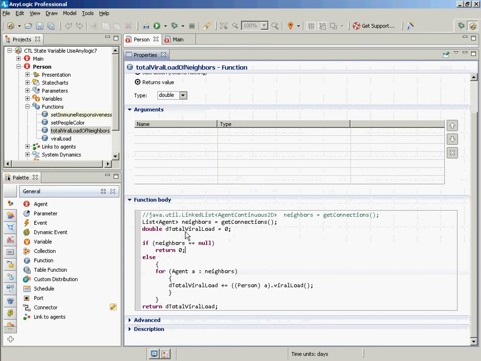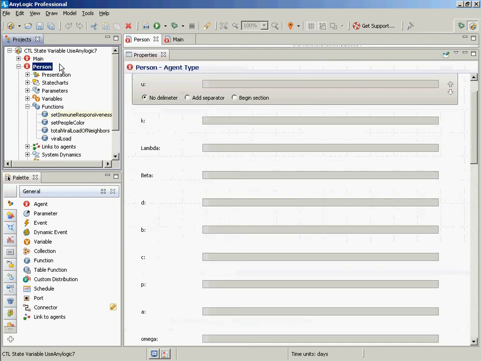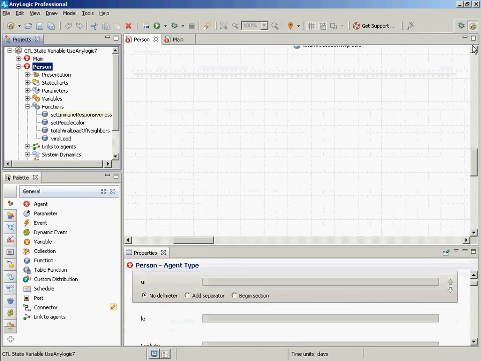Otherwise, it loops through each neighbor, totals up their viral load, and returns the sum. Okay? So here's the viral load from neighbors, and it's flowing into me as a person. Okay, so that's what leads to the buildup of free virus within this system.